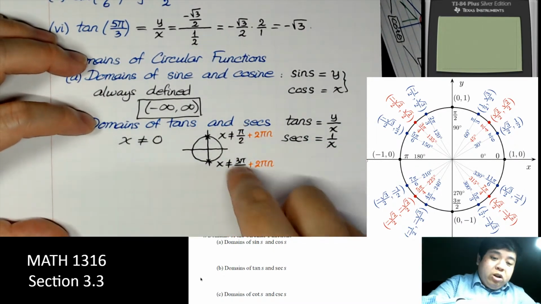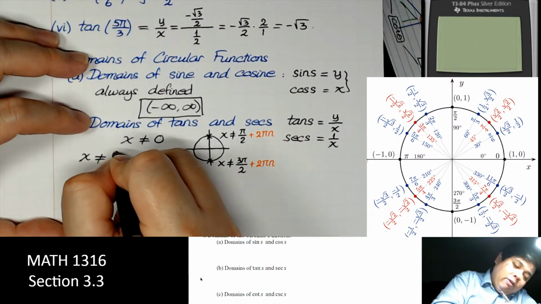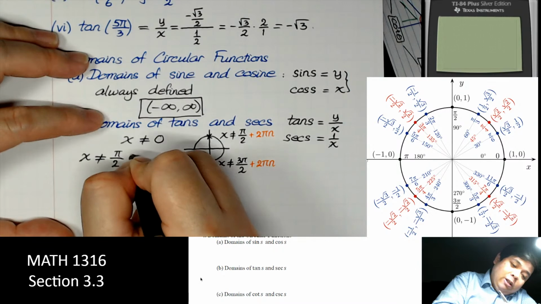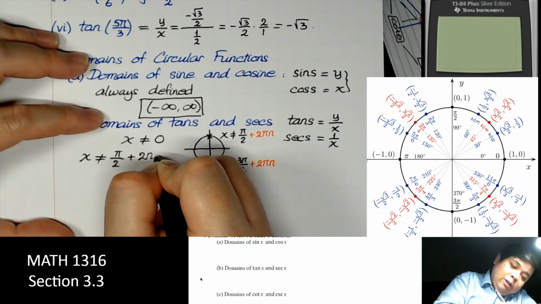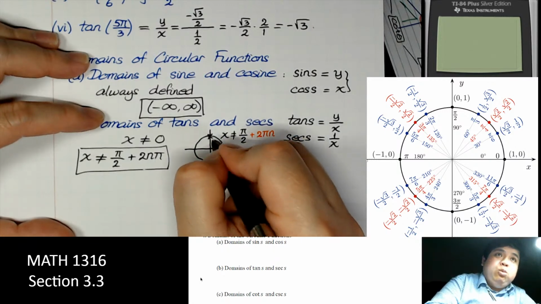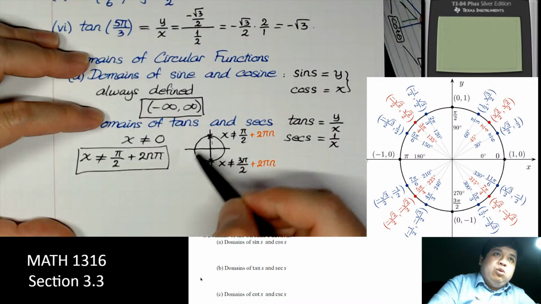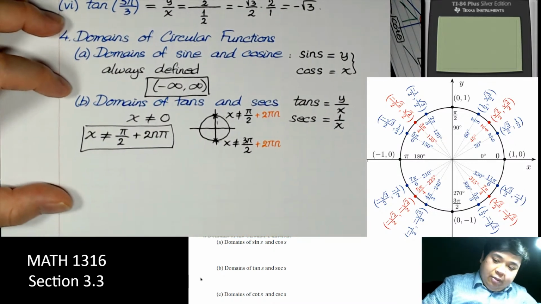Bottom line, when we put this together, we can say x is not equal to pi over 2. That is the domain. We cannot have those 2 points. Pi over 2, add a pi to it, add a pi to it, and we just keep doing that.